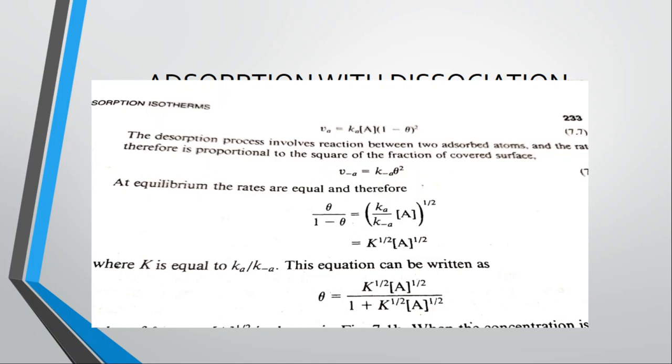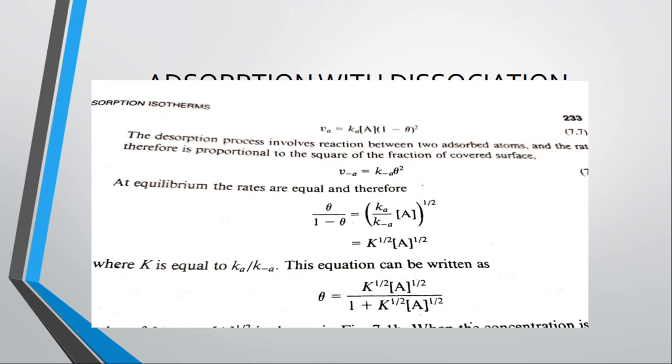So at equilibrium, the rates become equal, and on rearrangement of the expression, we get theta by 1 minus theta equal to K by K minus A into the concentration of A whole to the power of 1 by 2. And K is the equilibrium constant, the ratio of Ka by K minus A.